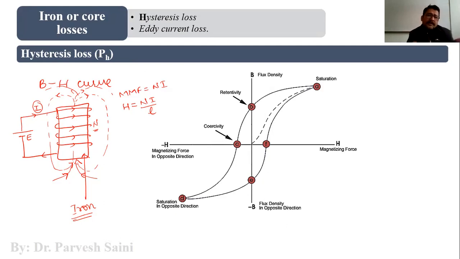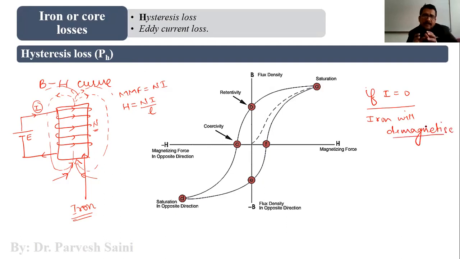Now, if you want to demagnetize it, what will you do? You will put I equal to 0, and this iron will demagnetize.